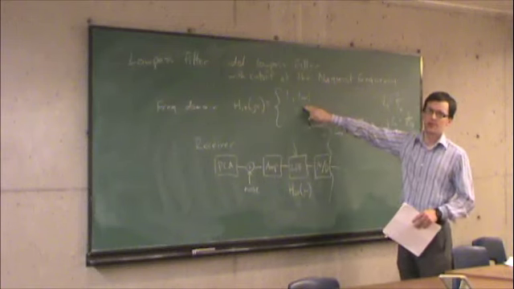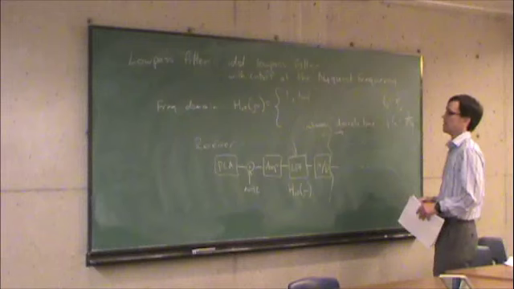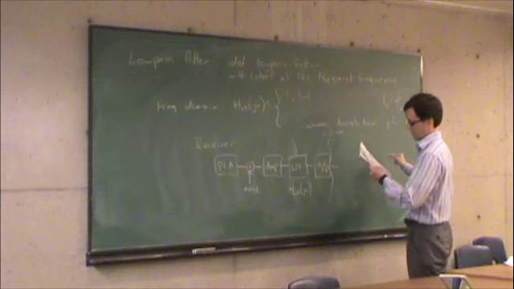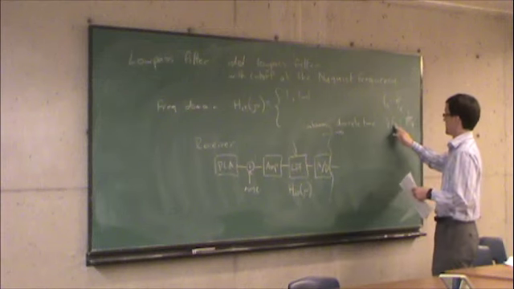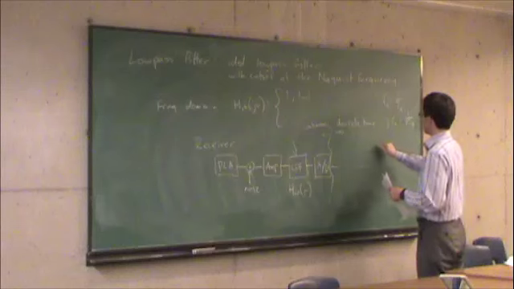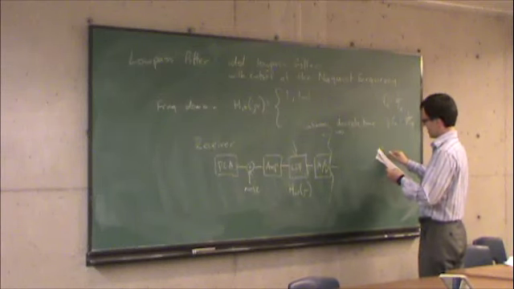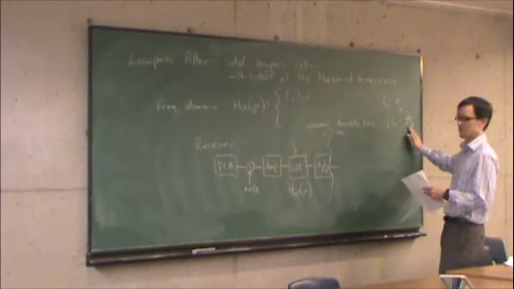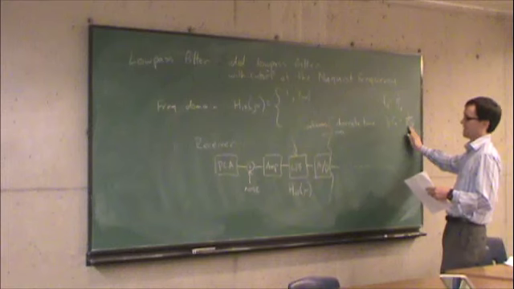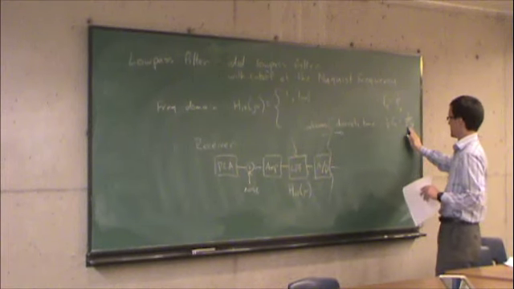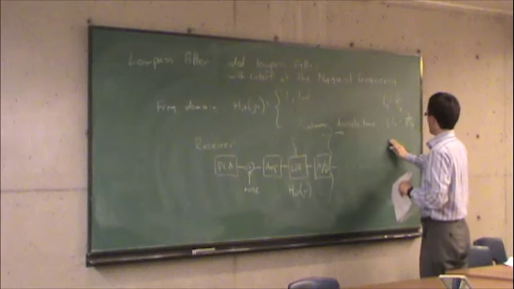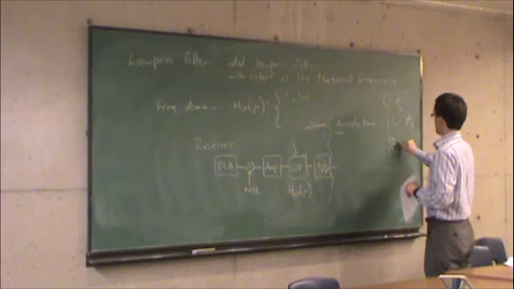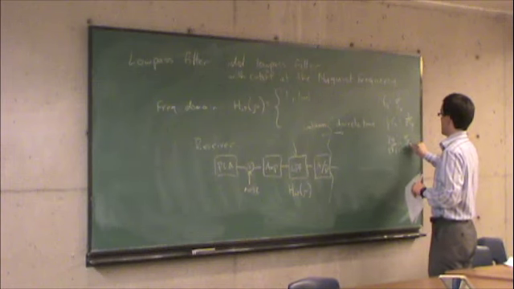But we're talking about omega here, angular frequency instead of normal frequency, so I need to multiply by 2 pi. This cutoff is at this regular frequency; to get it into angular frequency, I multiply by 2 pi, so I get 2 pi over 2 Ts, which is pi over Ts.